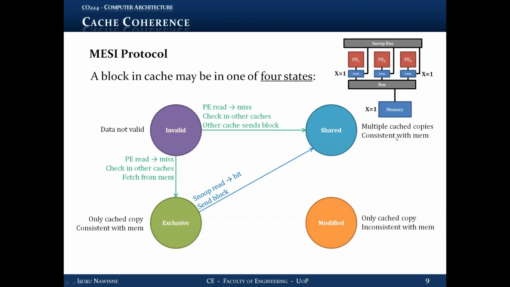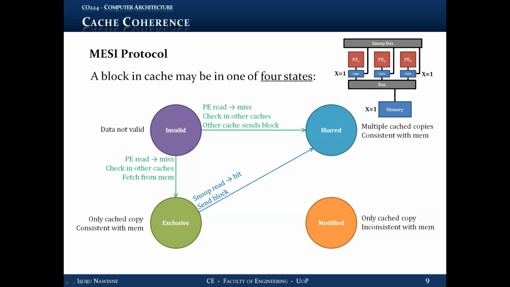Shared, what is the meaning? There are multiple cache copies and the value is consistent with the memory. There are multiple copies of the same address in both these caches, cache 1 and cache 3, and the value is up to date and consistent with the memory. Is it true? Yeah, that is what we are seeing in our example, right?